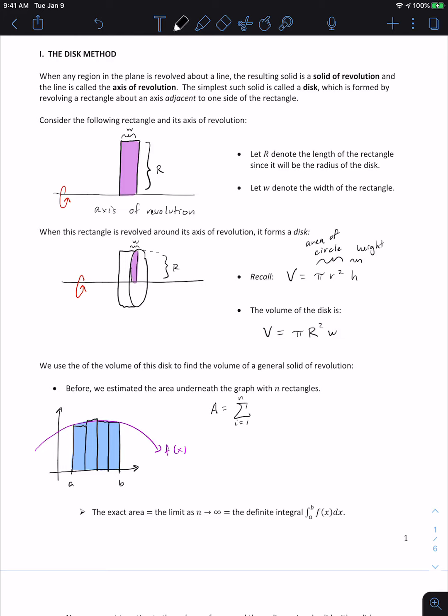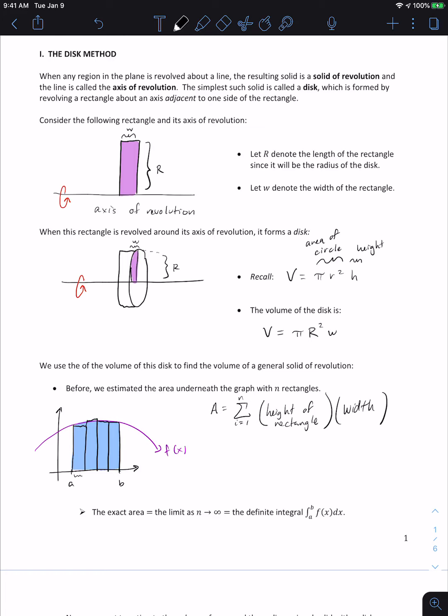In my picture I drew 4. But remember the area of a rectangle is the height of the rectangle times the width.